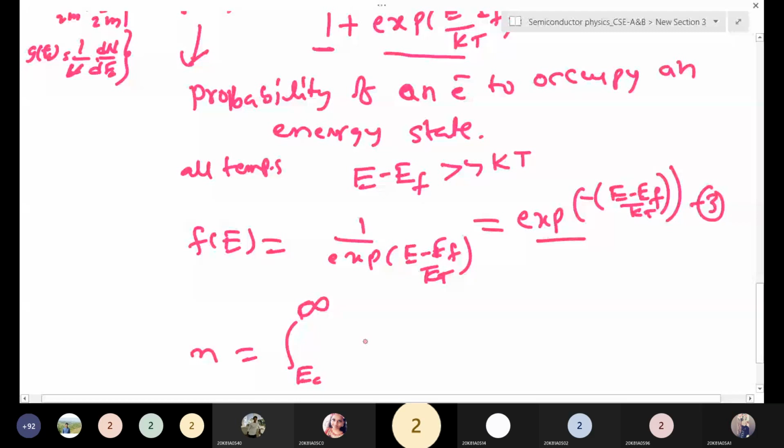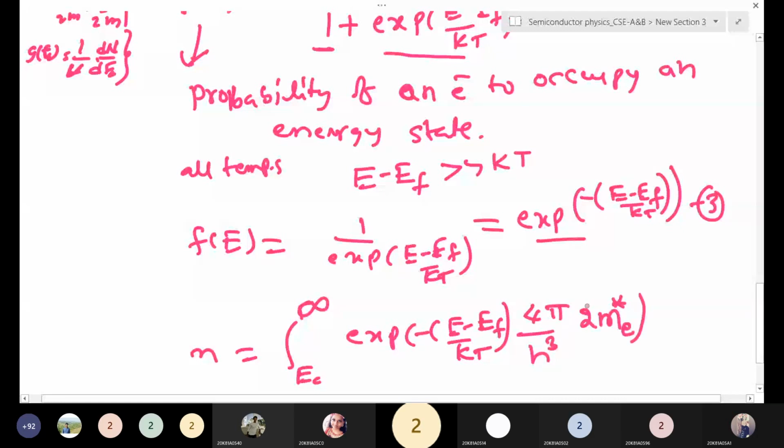But we have to take the effective mass of the electron, which I will explain later. Root 3 by 2, E power half, dE. This is the expression we got.